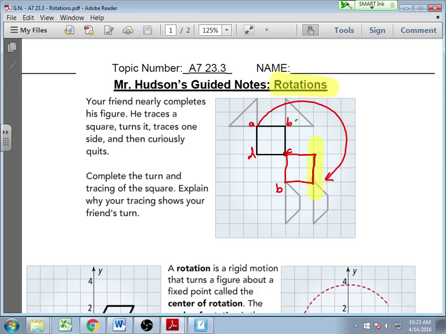So point B starts top right, it ends up bottom left. A starts top left, ends up bottom right. D starts bottom left, it'll end up top right. And these should all be prime points. This is C and C prime in the same place. That's B prime and this is A prime.